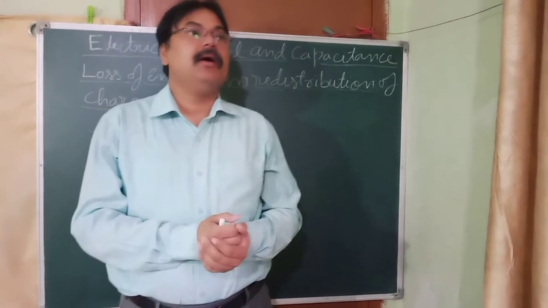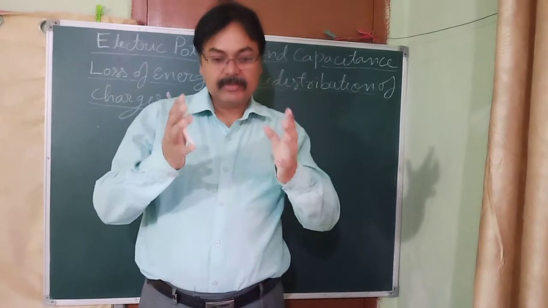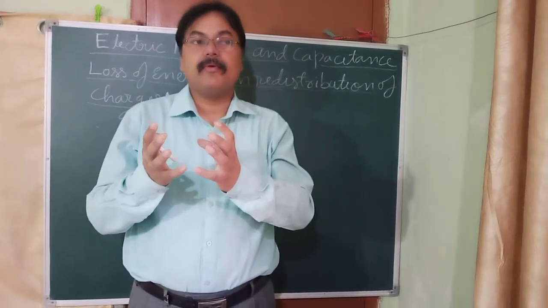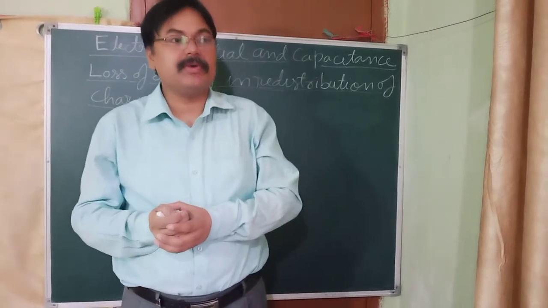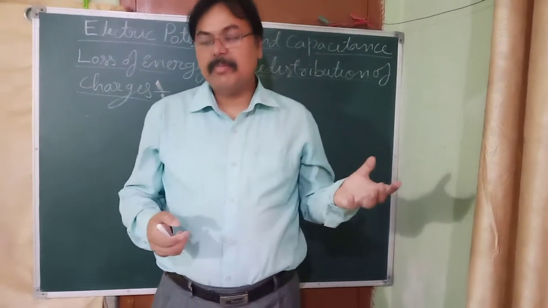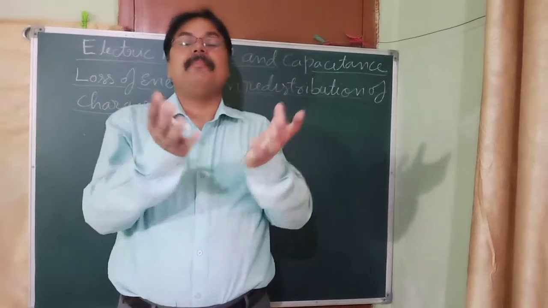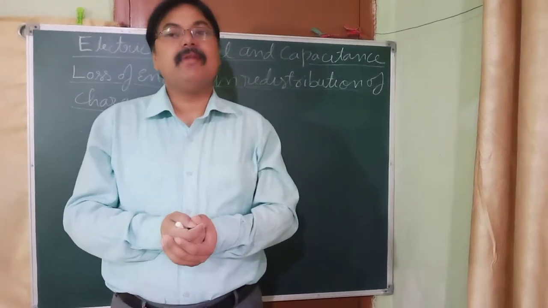Suppose there is a conductor or a capacitor which is charged, and there is another conductor or capacitor which may or may not be charged, and you are going to connect them together. Then what will happen?